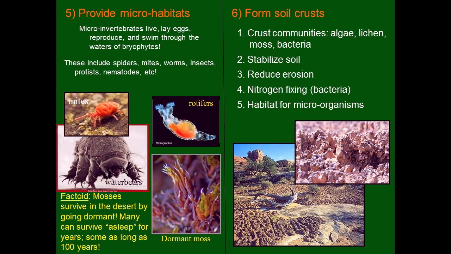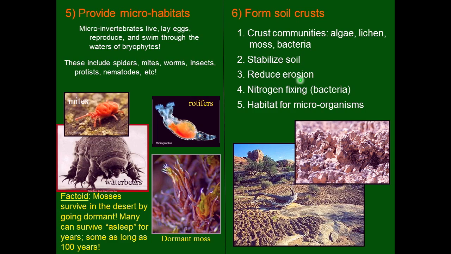On the right-hand side, they form soil crusts. So we can see crust communities with algae, lichen, moss, and bacteria, like cryptobiotic crusts, commonly found throughout the Colorado Plateau. They can stabilize soil. These cryptobiotic crusts can hold in soil and allow for other plants to colonize. Otherwise, the sand would just move around in the Colorado Plateau.